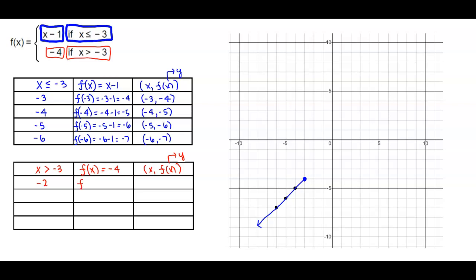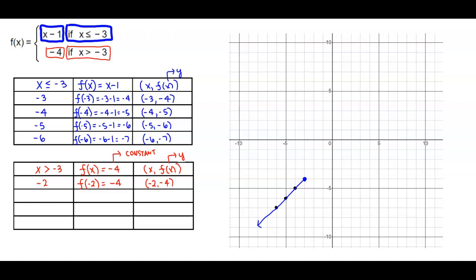Now we plug that in. f of negative 2 is equal to negative 4, because it's always going to be negative 4. There's no variable; it's a constant, which means it never changes. So this is negative 2, negative 4.